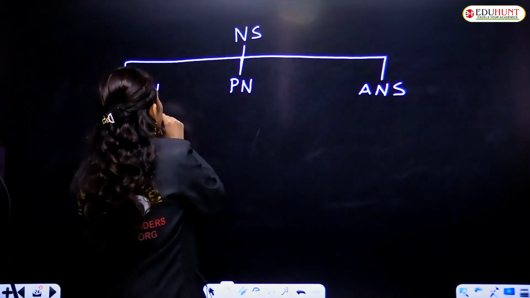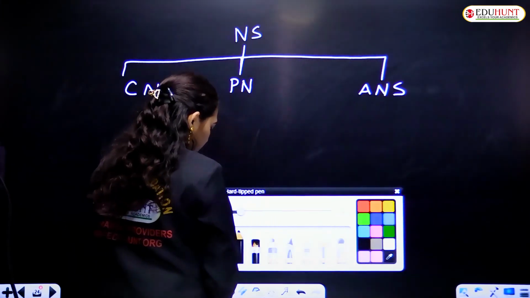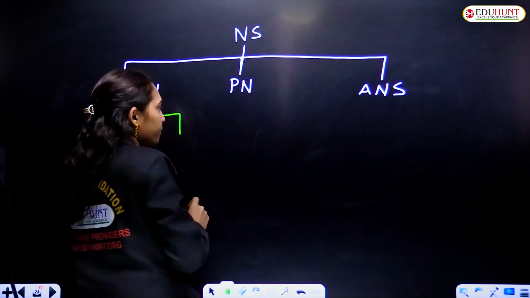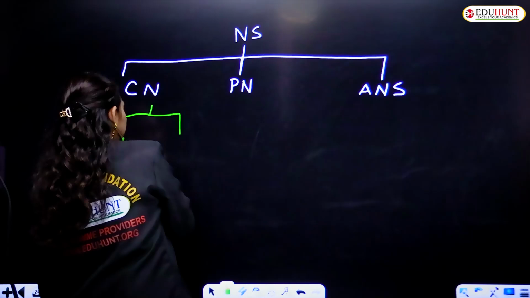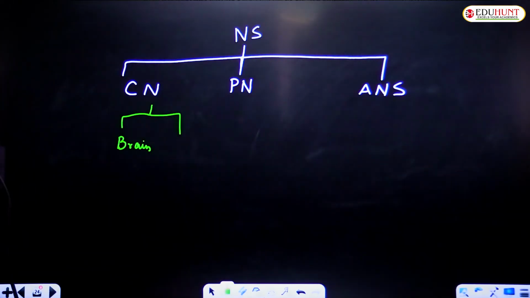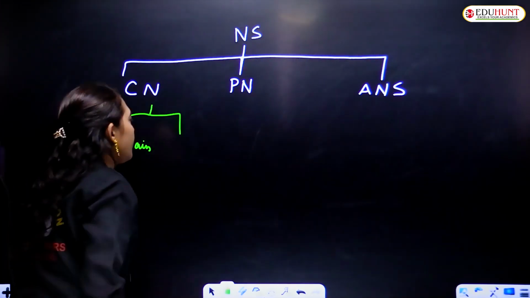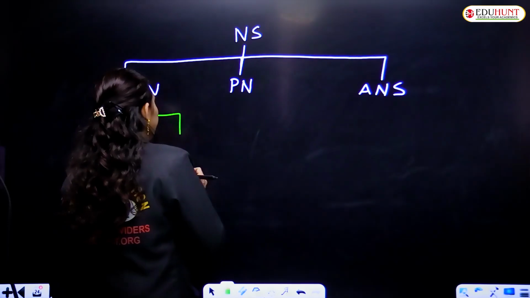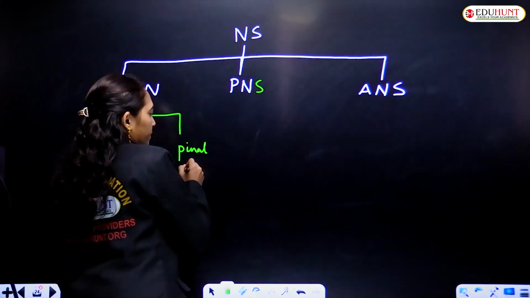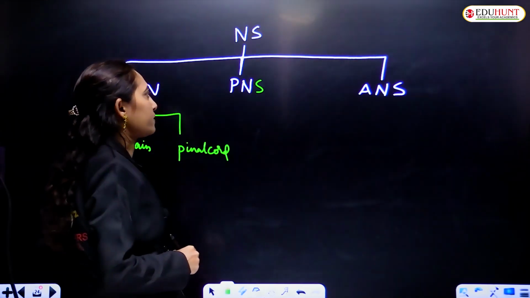And the central nervous system is formed of brain and spinal cord.